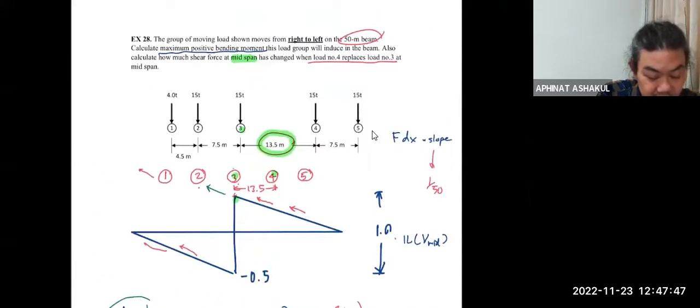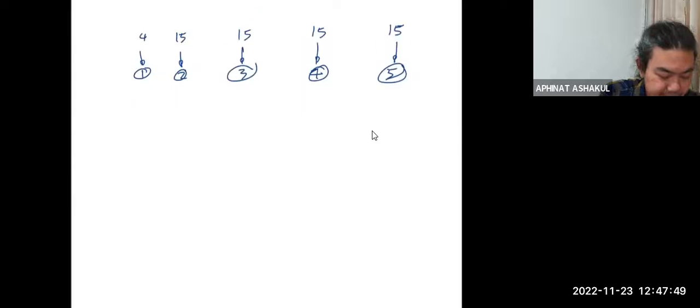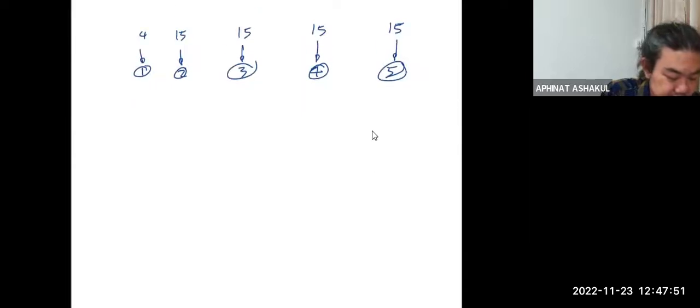And 4.5, 7.5. Okay. This is 4.5 meters. This is 7.5. This is 13.5.